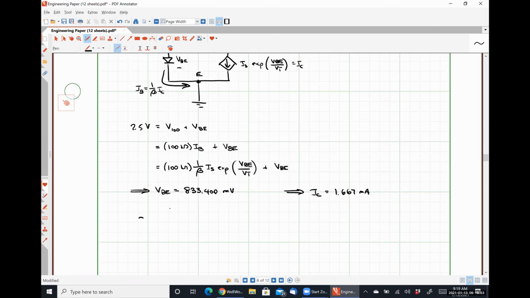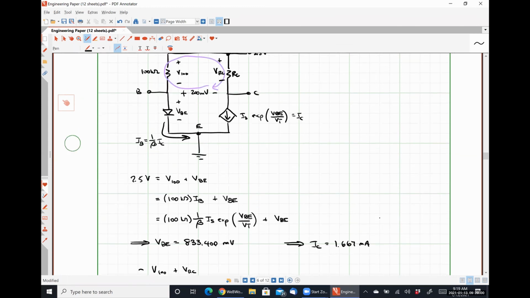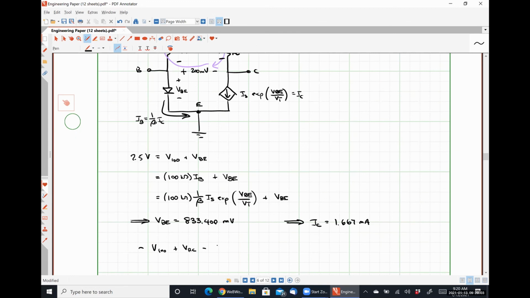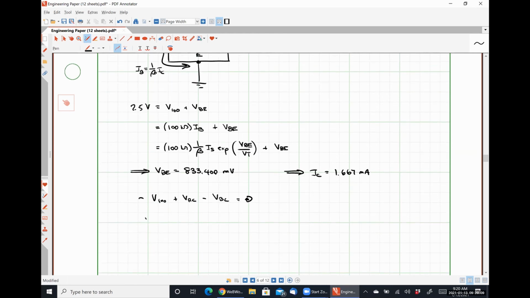So you would have negative V100 plus VRC minus VBC is equal to 0, which means VBC is equal to VRC minus V100, which is IC, which is known, times RC, which isn't known, minus V100, which is 1 over beta IC, IB, times, let's call it RB.